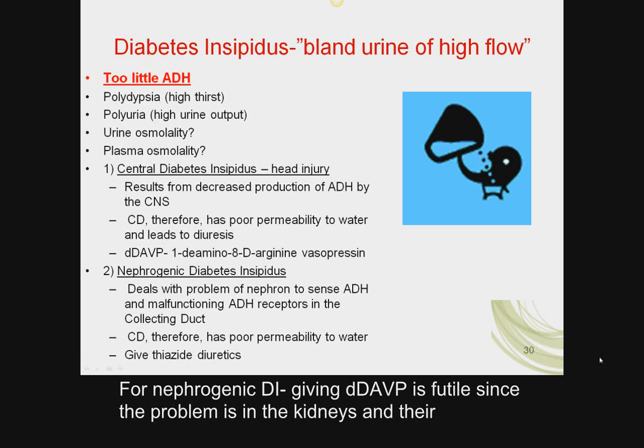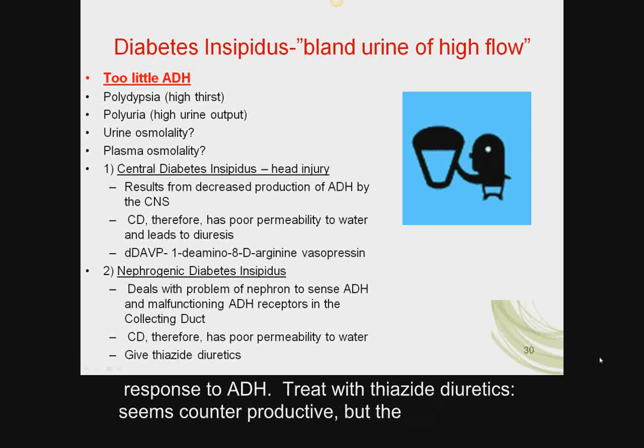What happens with diabetes insipidus is you can have either central diabetes insipidus or nephrogenic diabetes insipidus. In central diabetes insipidus, maybe from a head injury, the hypothalamus loses the ability to either make or release ADH.